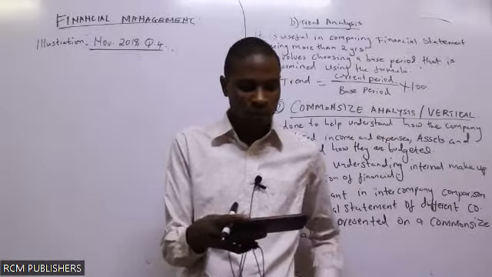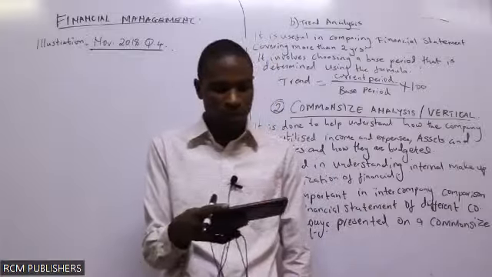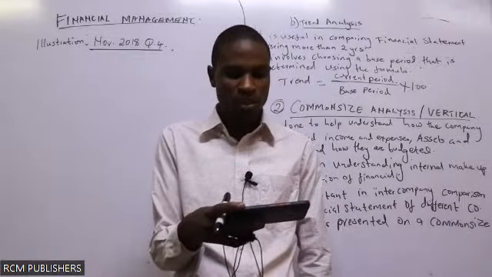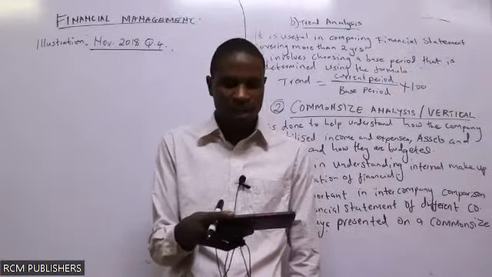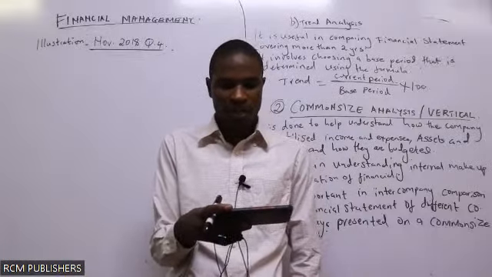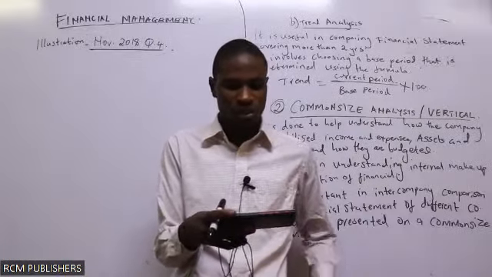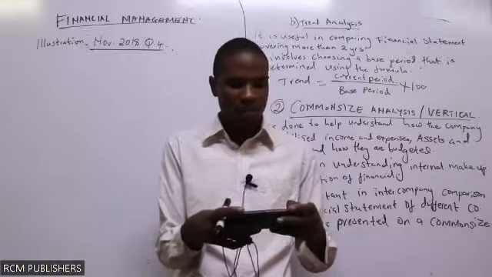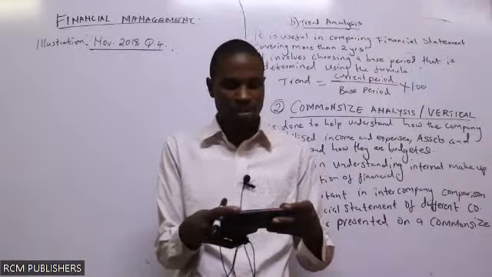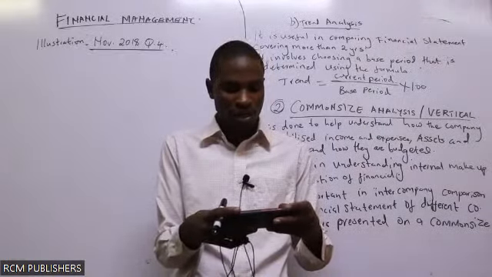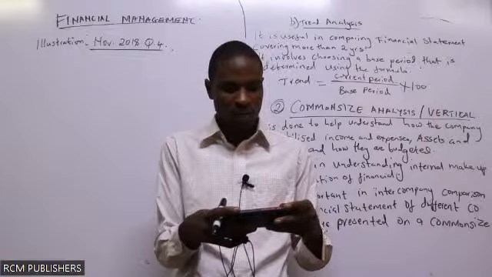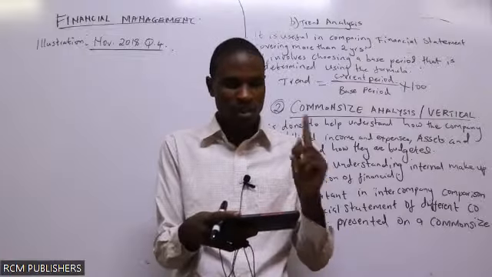Allow me to read the question, and then we see how to tackle this. Question 4, part A: the following are the financial statements for ABC Limited and XYZ Limited for the year ended 30th September 2018. We are given the income statement for the year ended 30th September 2018, and the statement of financial position as at that date.